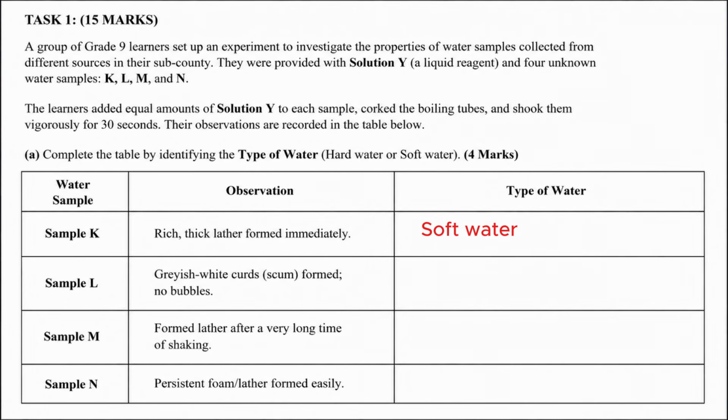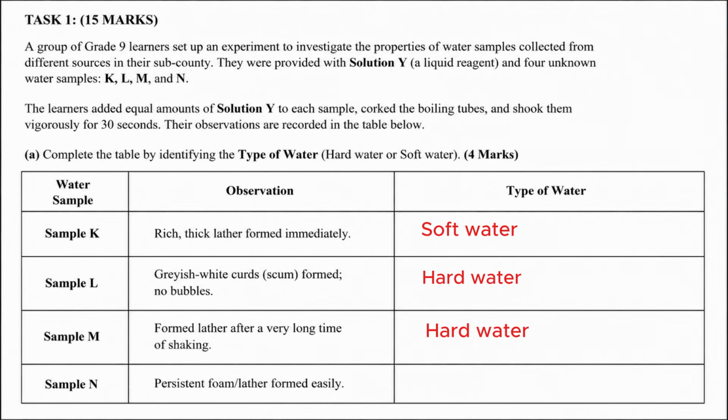That is soft water. And then the second one, there were grayish white curds or scum formed and there were no bubbles. That is hard water, especially because there were no bubbles. And then sample M formed lather after a very long time of shaking. So because it took a long time of shaking, that is hard water.